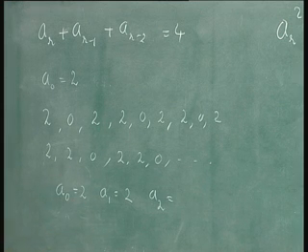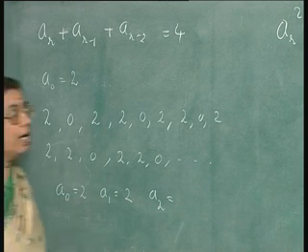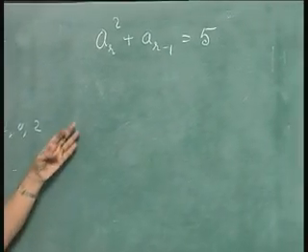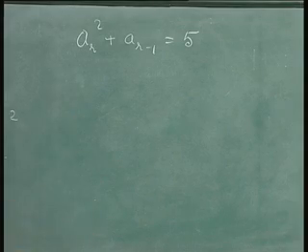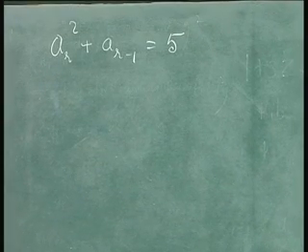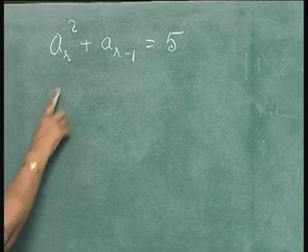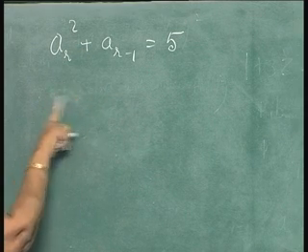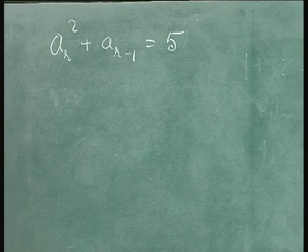Now, if it is not a linear recurrence relation, say a recurrence relation of the form a_r squared plus a_(r-1) is equal to 5, in that case this is first order. If it were linear, one value should give you a solution uniquely, but this is not linear.